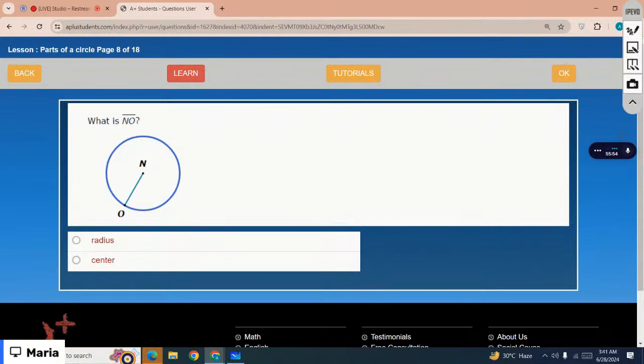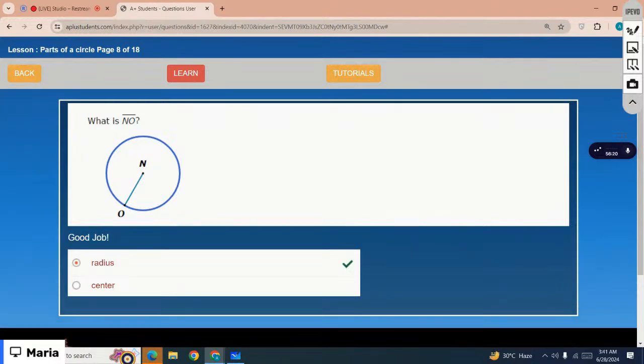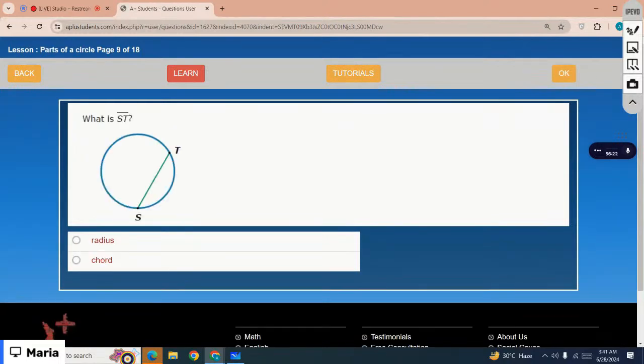What is NO, radius or center? Yes, NO is the radius of the circle. What is SD, radius or chord?